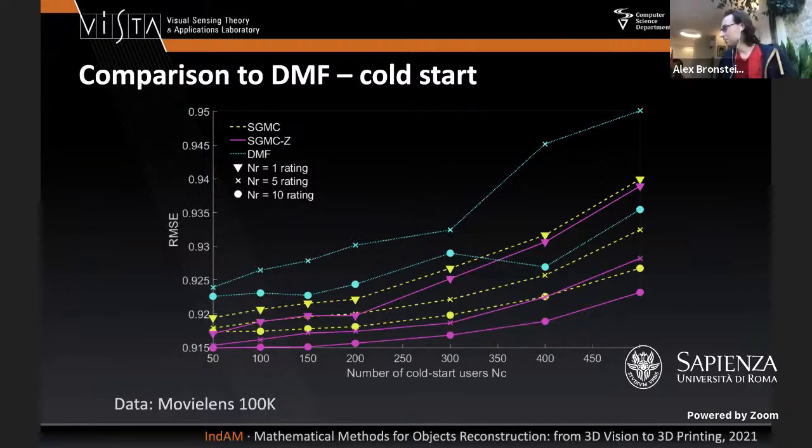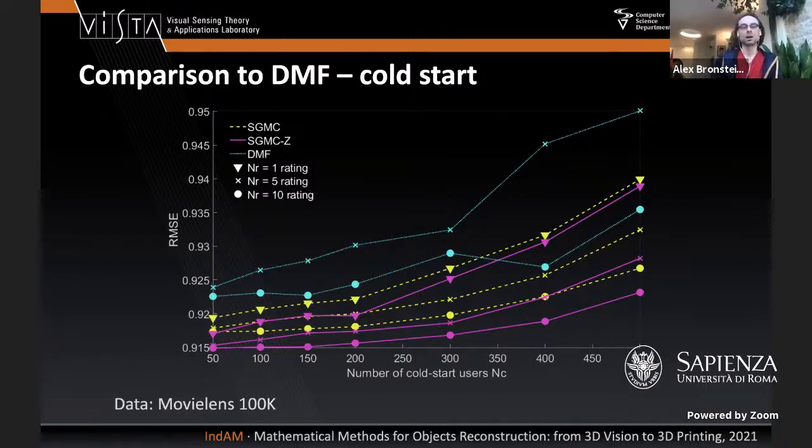Another important example, and this is very important in real recommender systems, like the one with the drugs that I showed you briefly, is the cold start. In the cold start, we have rows or columns that have very few entries.